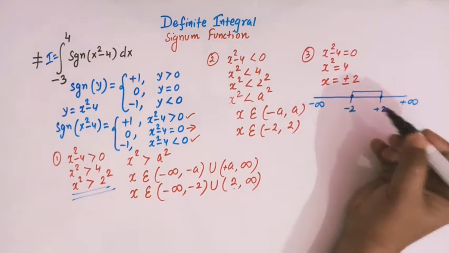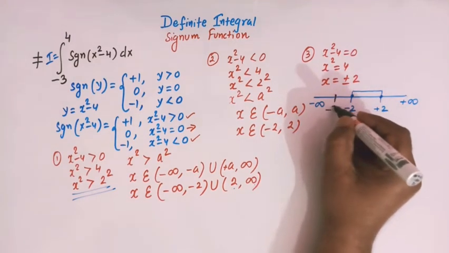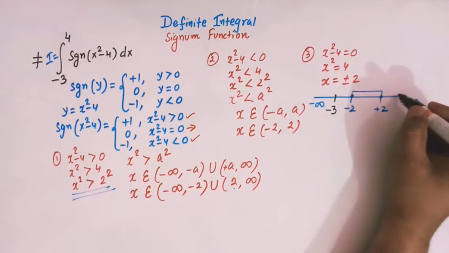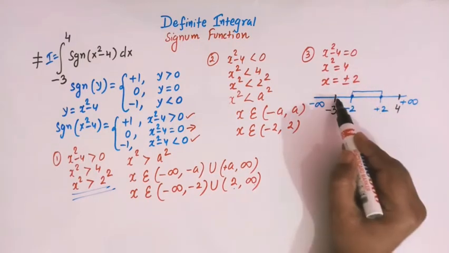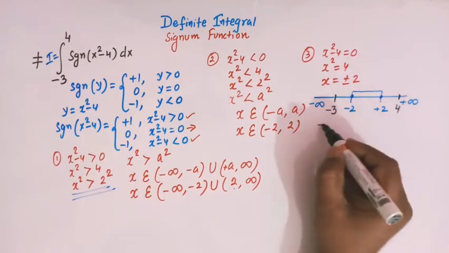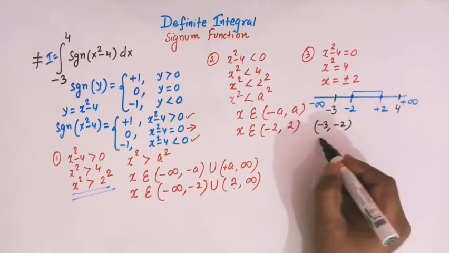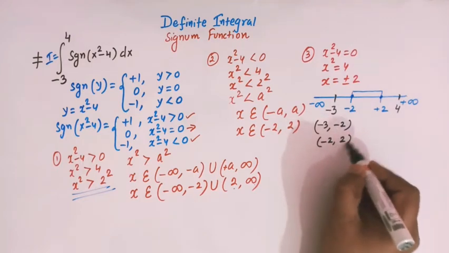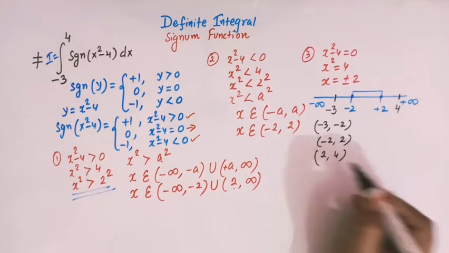Minus 3 lies somewhere here, and 4 lies somewhere here. Now we have three intervals: the first one is from minus 3 to minus 2, the second one is from minus 2 to 2, and the third one is from 2 to 4.